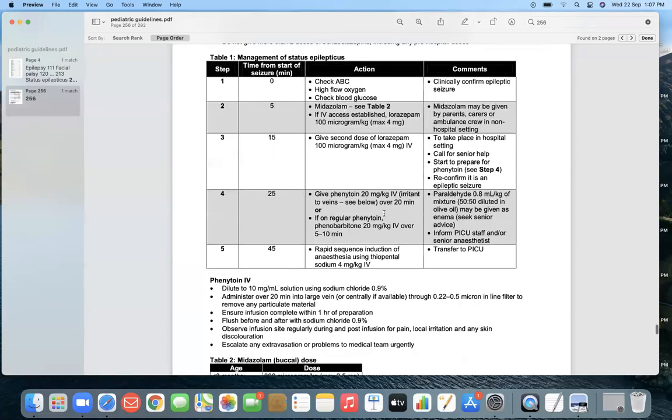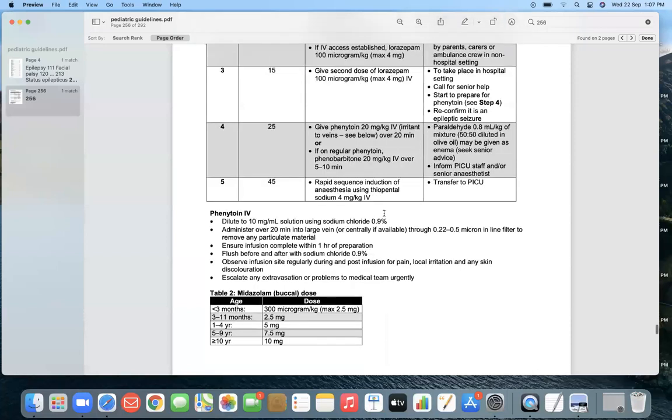Again, you will confirm whether the child is still in seizure or not. Then at 25 minutes, give phenytoin 20 mg per kg. It is irritant to veins, so you will give it slowly over 20 minutes. Okay, 20 mg per kg over 20 minutes for phenytoin.